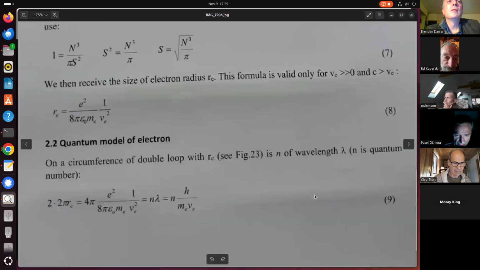They use this radius. It looks like mass times velocity, which is momentum, R sub B. Circumference double loop. Quantum number.